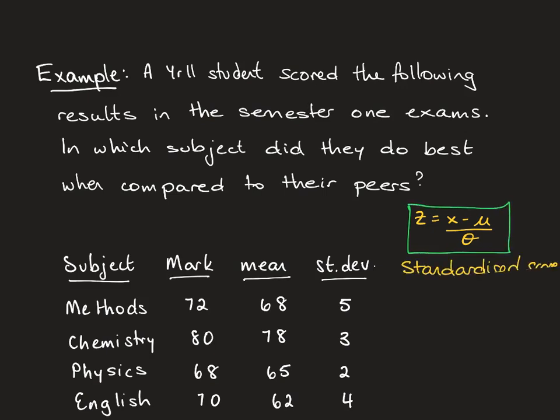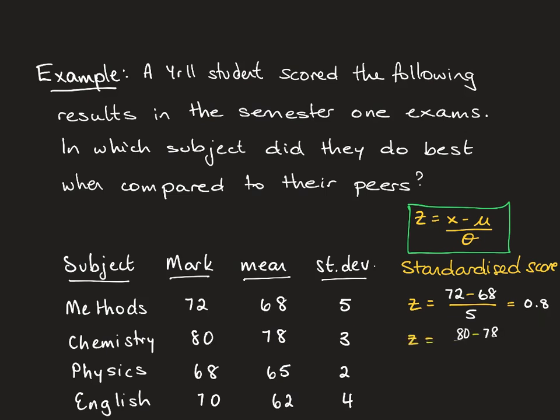And so we're going to create a list of standardized scores. So our Z score, we take our X value, which was the mark that they got, subtract the mean 68, divide by standard deviation 5, and we get 0.8. This means that their method score is 0.8 of a standard deviation above the mean.